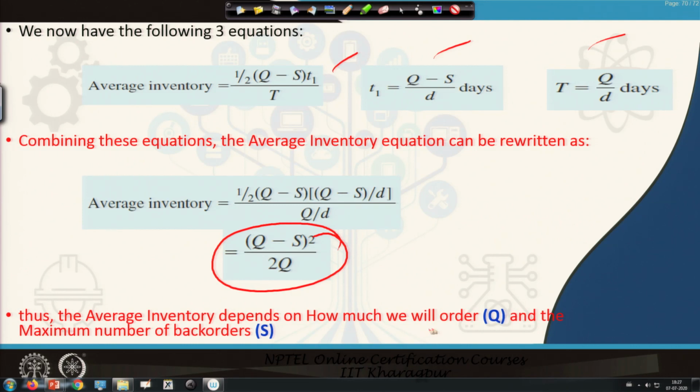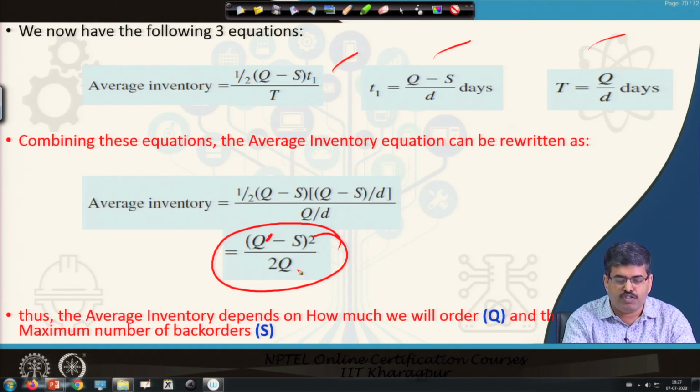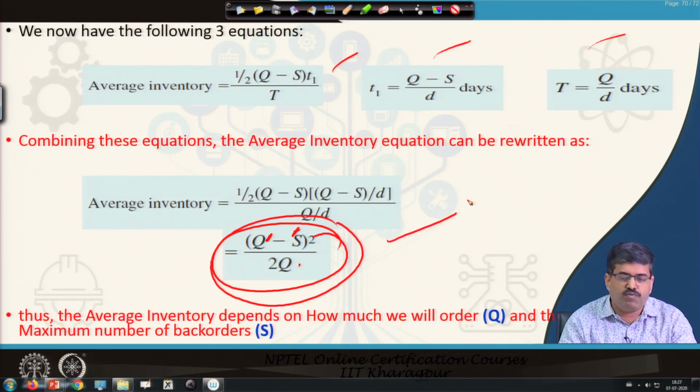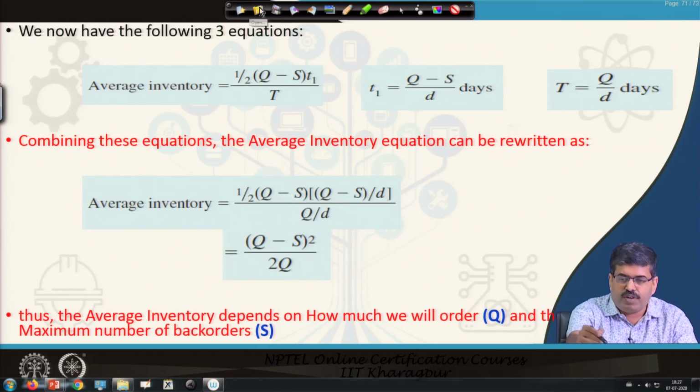Thus, average inventory depends on how much we will order, Q, and the maximum number of back orders, S, nothing else. This is just the derivation of the formula. This is the formula that is required for computation. Okay, average inventory.